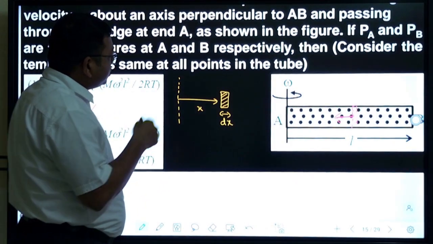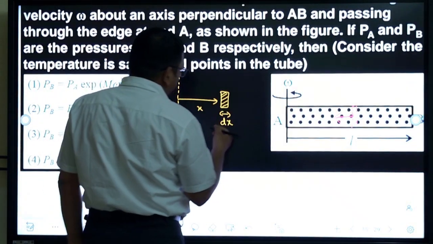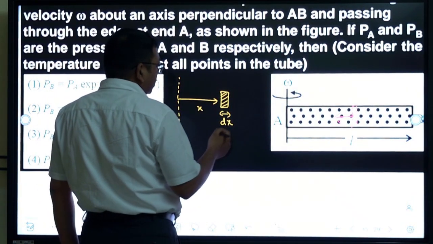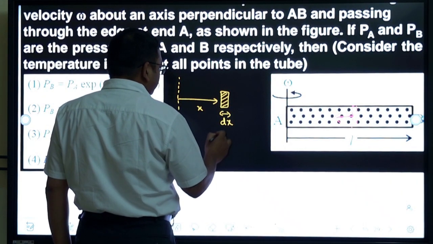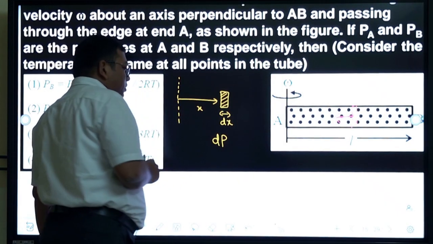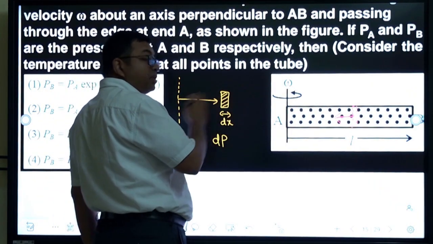Because it is going in a circular motion, there must be a net force, that is centripetal force, and the net force will come due to pressure difference. Let us say pressure difference is dP. As you are going away, that side pressure is increasing.